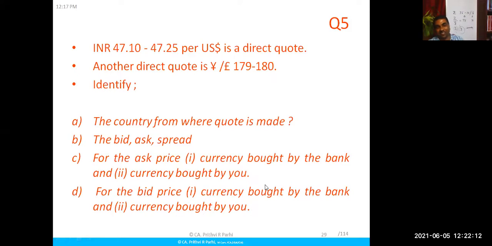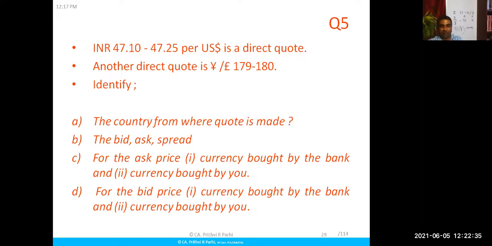It is not asking what the bank is selling. So what is the bank buying? Rupee. Then the currency bought by you, what are you buying? Dollar. Ask price means selling price, but selling price for the bank.